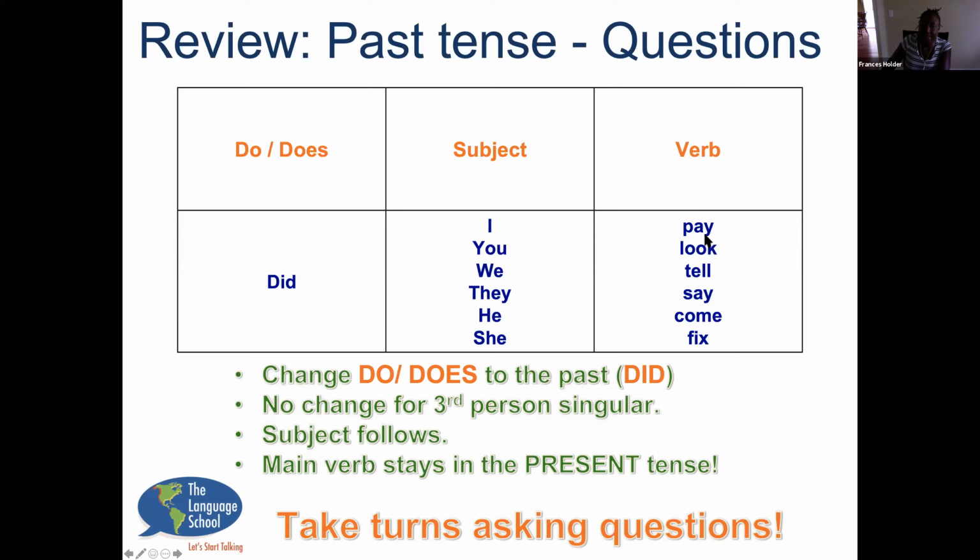In this case, pay, look, tell, say, come, fix. Your main verb stays in the present tense. It does not change in the question. Okay, any questions about that, Fernando? So the only thing that changed is did. Exactly, the only thing that changes is did.